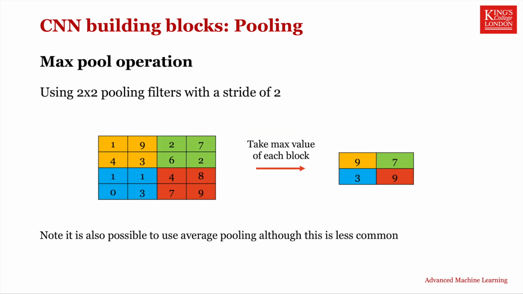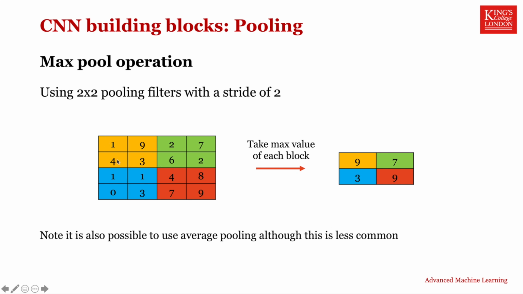There are several types of pooling operation, but the basic idea is to downsample by aggregating blocks of elements into one through min, max, or averaging operations. For example, here we're looking at a max pool. If we use a pooling filter of shape 2 by 2 with a stride of 2, we can see this reduces the shape of the image by a factor of 2 by taking forward only the maximum elements of each filter block.